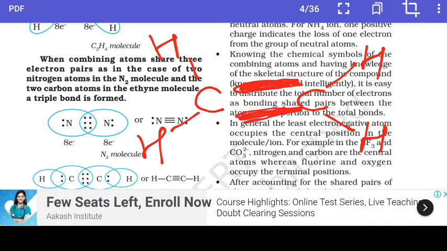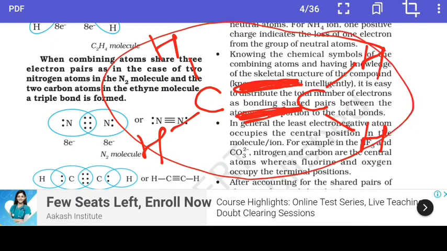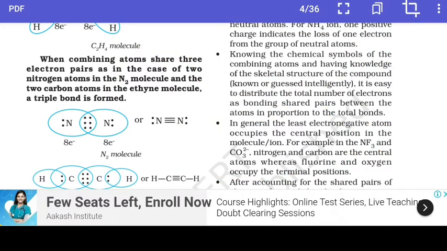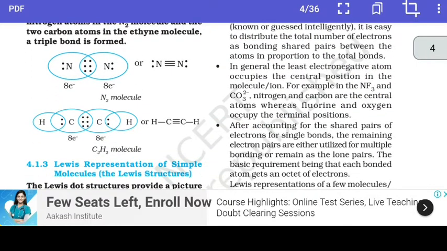So there is a double bond between the 2 carbons, and by this structure the C2H4 molecule is formed. We can say that this is the Lewis structure or bond structure of the C2H4 molecule.